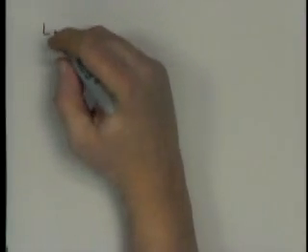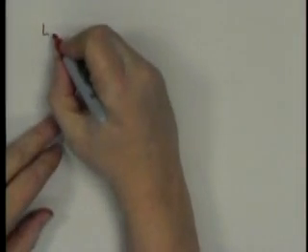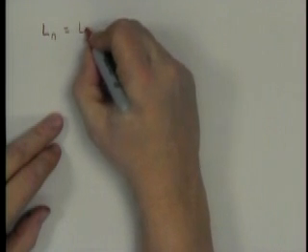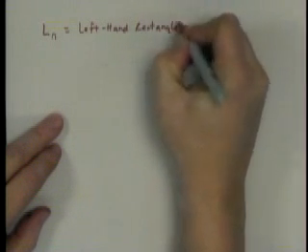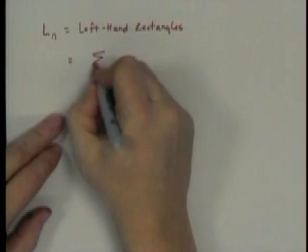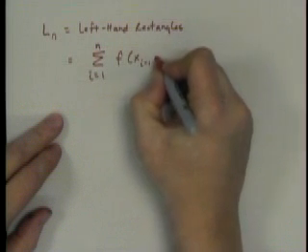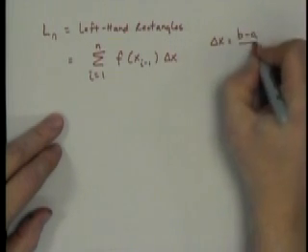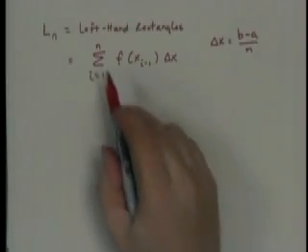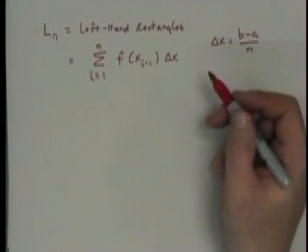Your book refers to it as L sub n. So we are going to add up the function values, which is the height of our rectangles, times the width of our rectangles, assuming all our rectangles are equal width.